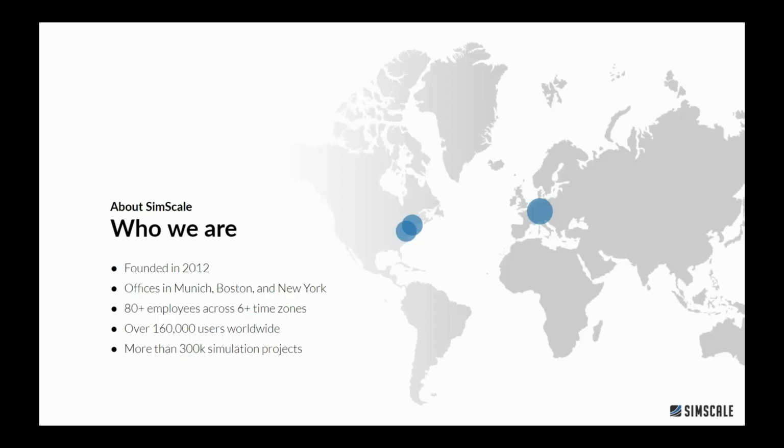By the way, we have recently opened a few positions in the customer success team, as application engineer and product owners, and in the engineering team, backend developers, CAD and meshing software developers. If you are interested, go to simscale.com and you can apply for these positions.